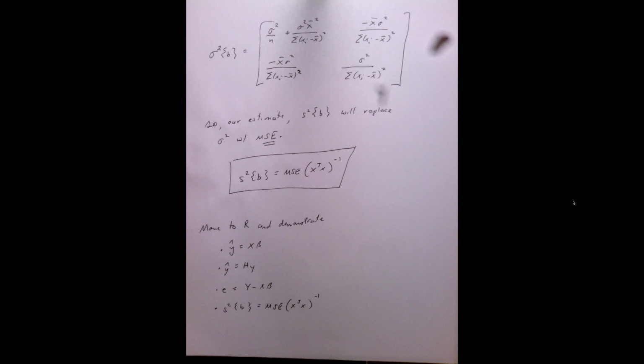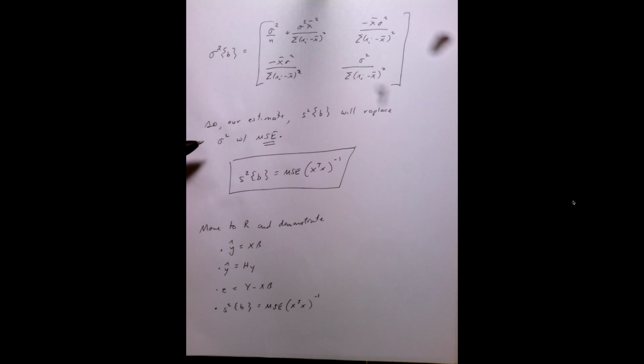So we're going to calculate this by taking the variance times the product of this matrix. I wrote it all out because I didn't want to write this out on screen. It follows that the variance of B would be just distributing the sigma squared through the terms.